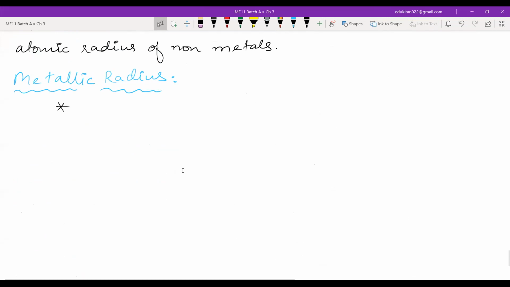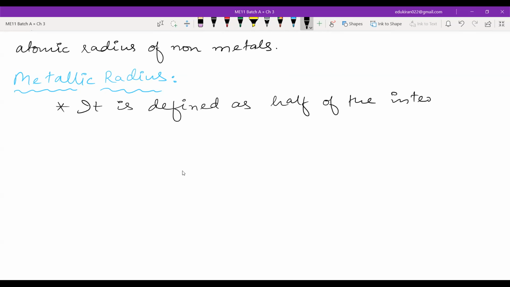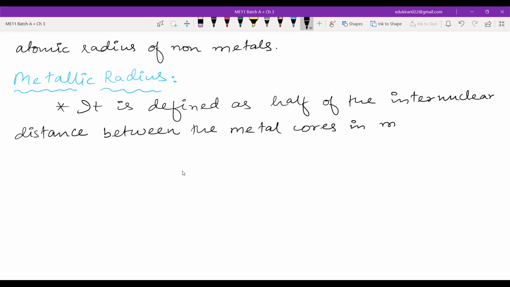So it is defined as, please write this, half of internuclear distance between the metal cores in metallic crystal.